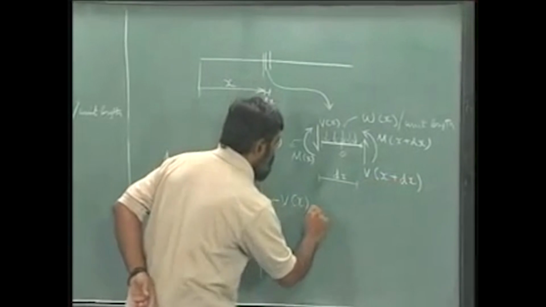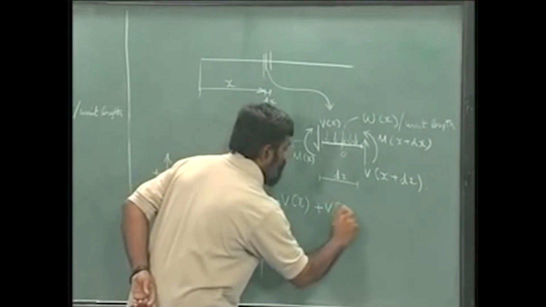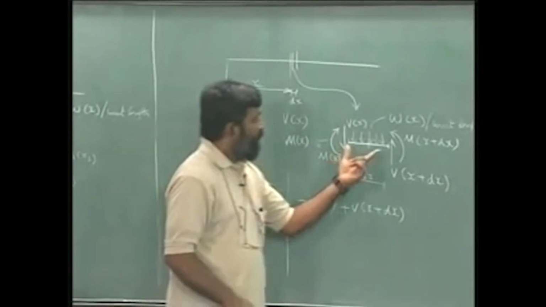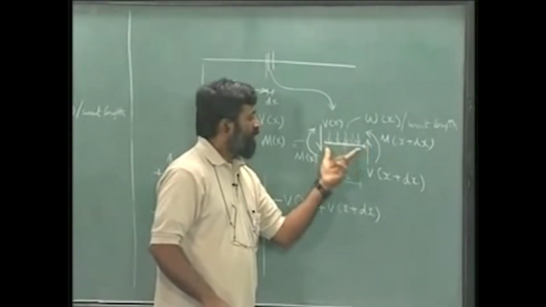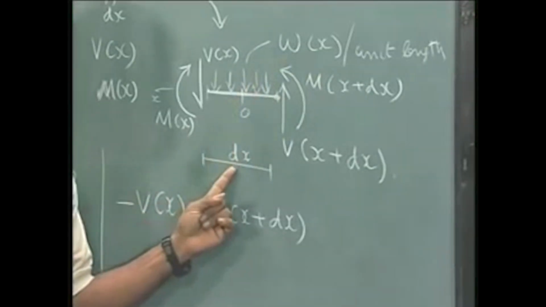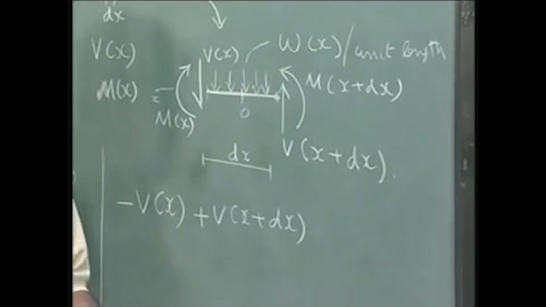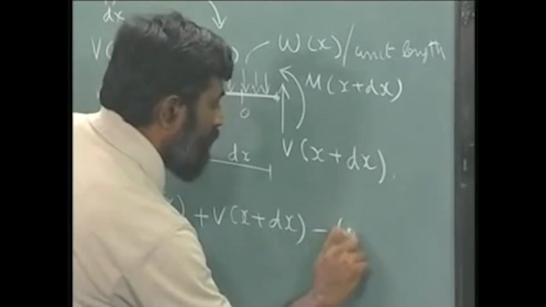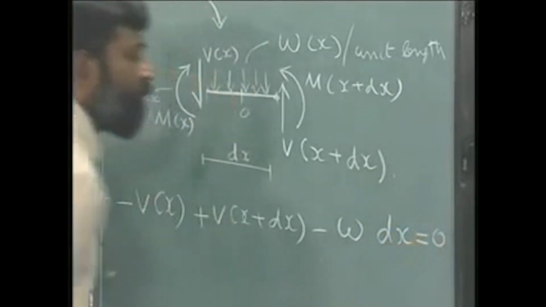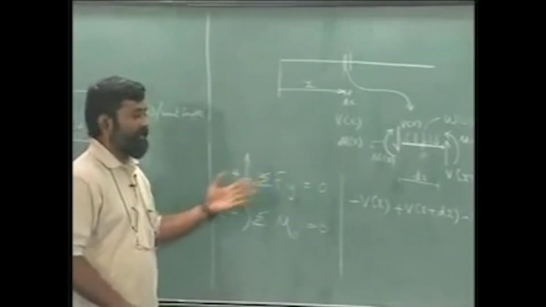This is positive, so plus V of x plus dx. And there is a load over here distributed over this length, which is dx. So, W times dx is the total force and it is acting downward. So, minus W times dx, the total should be equal to 0 for static equilibrium.